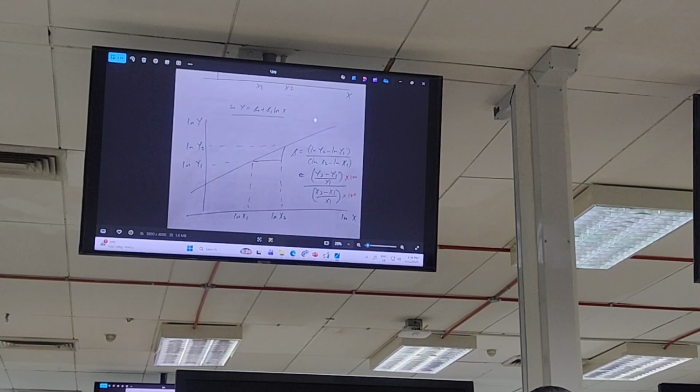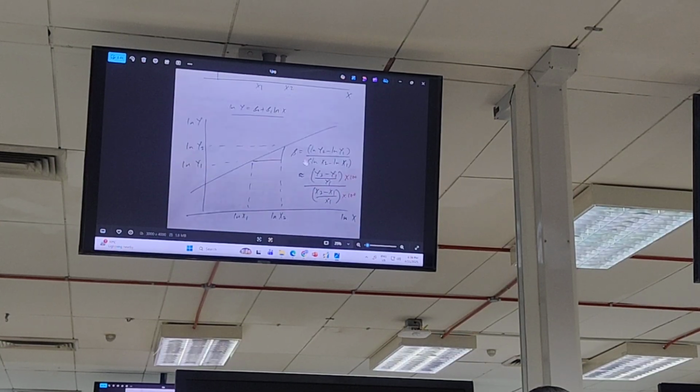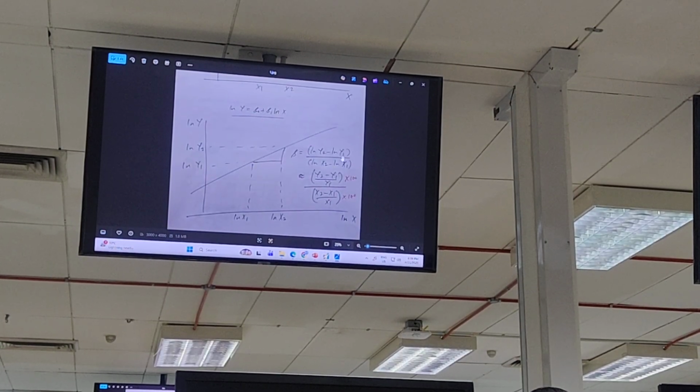So if you take the difference between two values, log y2 and log y1, per unit change in the difference between log x2 and log x1, the difference between two logs actually gives us an approximate value of the relative change.